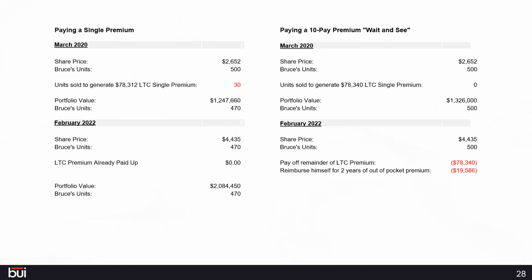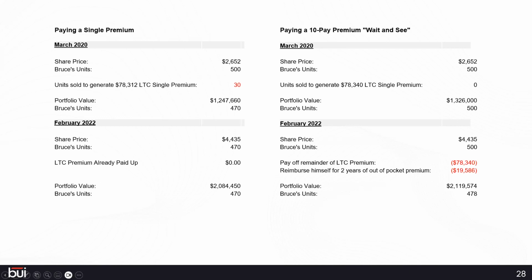And to make sure that we're comparing apples to apples, let's also assume that he's going to reimburse himself for the 2 payments that he's already made, those 2 payments of $9,700 equaling $19,586. Would he actually reimburse himself? Probably not, but I want to compare apples to apples here.